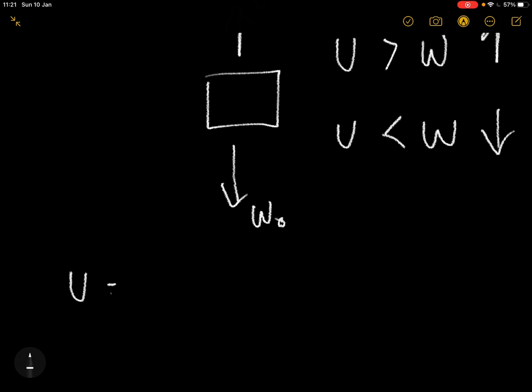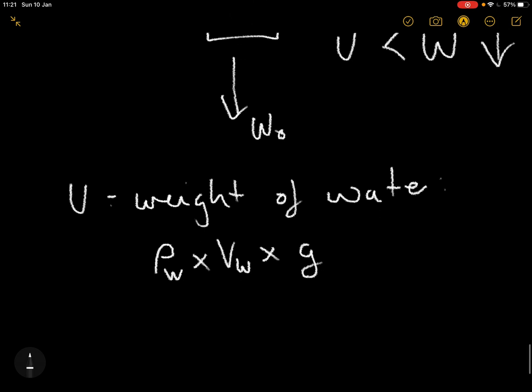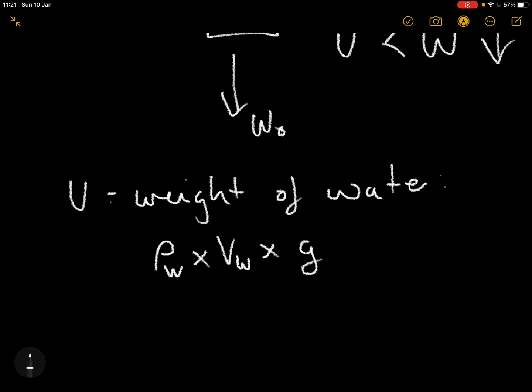Because what we can do is say the upthrust, which is the weight of the water, is going to equal the density of water times the volume of the water you've displaced times gravity.